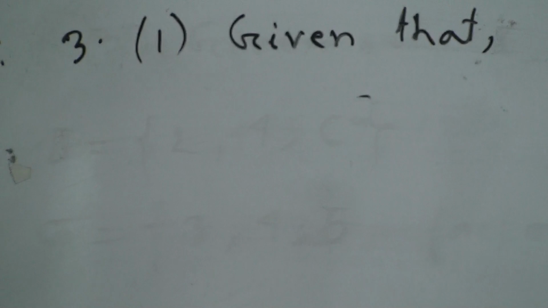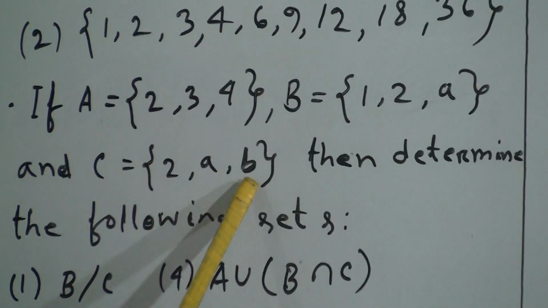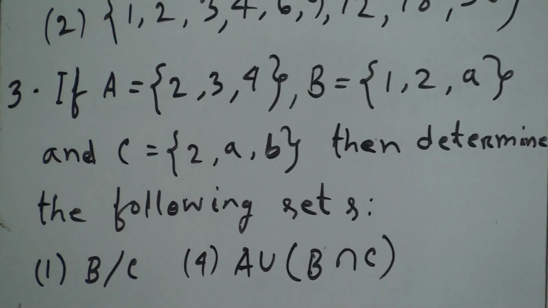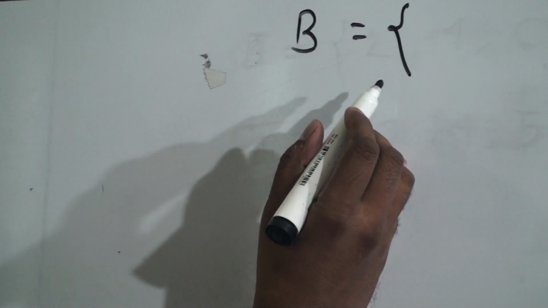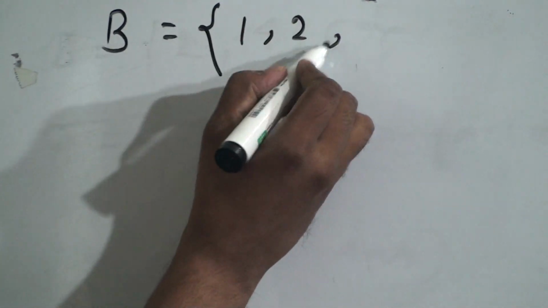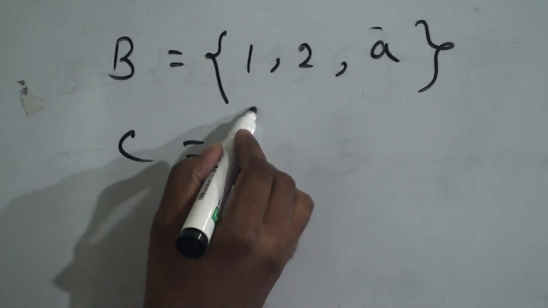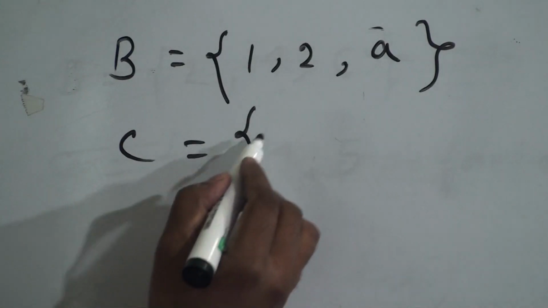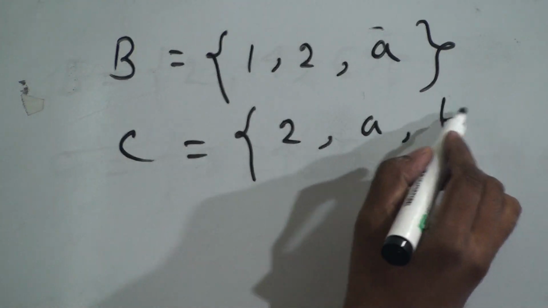Given that B equal to {1, 2, a} and C equal to {2, a, b}.